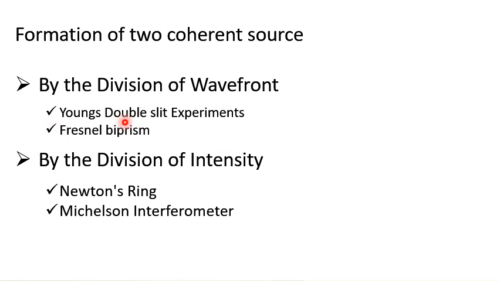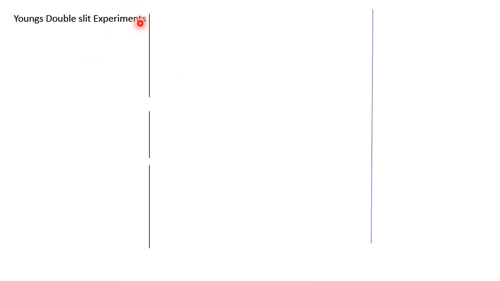So today we will discuss Young's double slit experiment, in which we divide the wavefront and produce two coherent sources. How does Young's double slit experiment produce two coherent sources? We will discuss that now. Young used a cardboard in which he made two pinholes, and in front of that he placed one source.